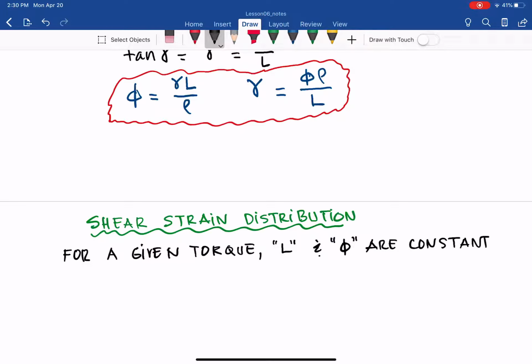So from the equation for γ above, we have φ over L times ρ. Because L is constant and φ is constant, I can name that with a constant K, which I call K1, so γ equals K1 times ρ.